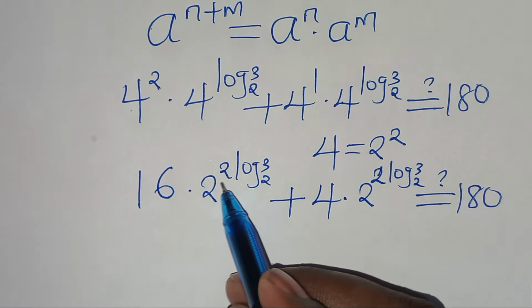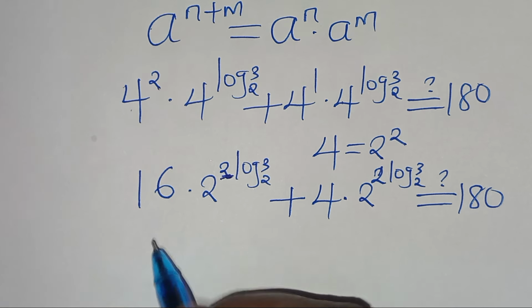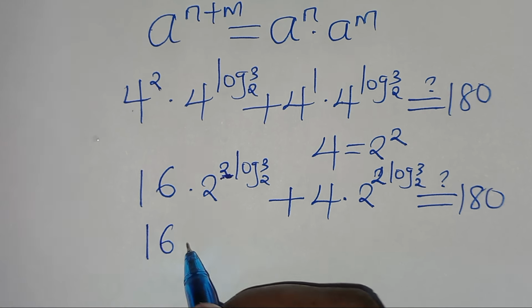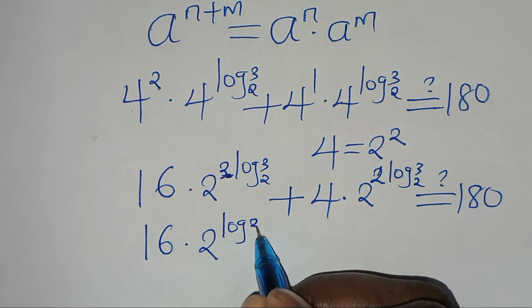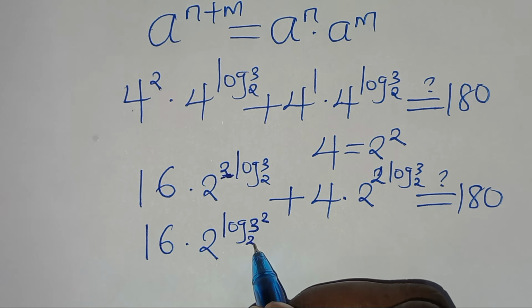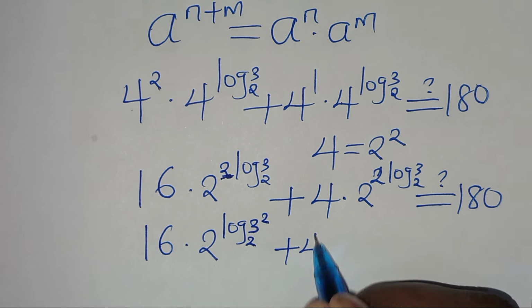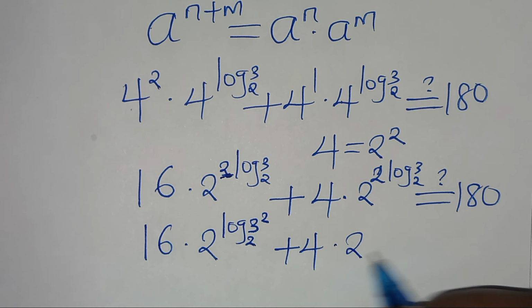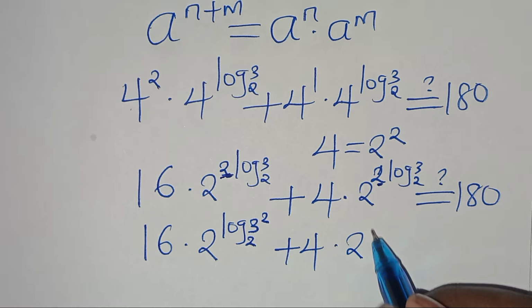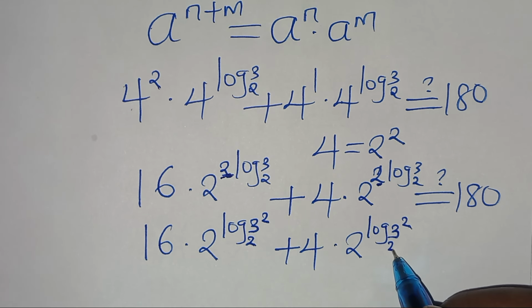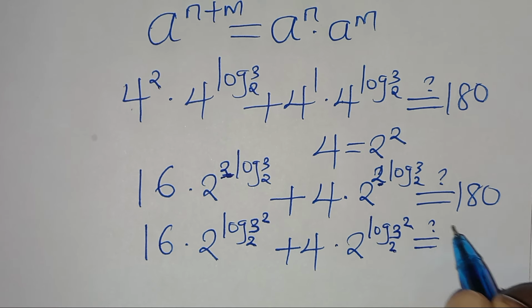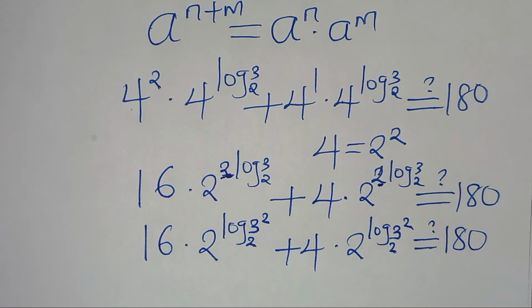The next step is that 2 is a power here, so we can express this as 16 times 2 to the power of log 3 squared to base 2, then plus 4 multiplied by 2 to the power of log 3 squared to base 2. This should give us a value of 180.